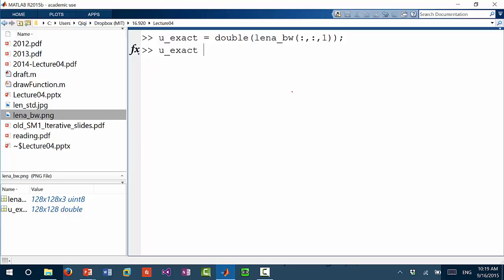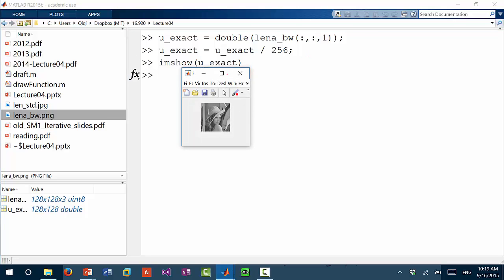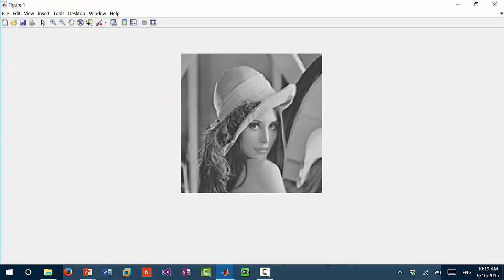U exact is equal to U exact divided by 256, because in the integer format, the value of the color goes from 0 to 255. So in order to have it in proper floating point, going from 0 to 1, I need to do a division. Okay, just to make sure we loaded the right image, looks like we did, right?